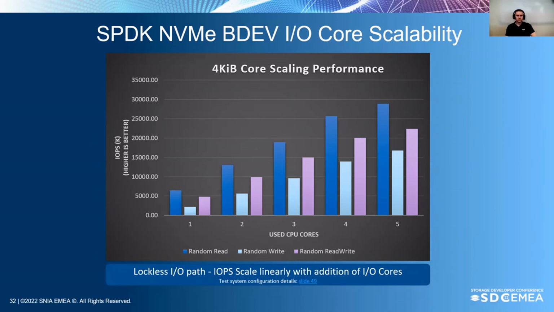We can also observe linear scaling for random write and random read-write workloads, not reaching as high IOPS as random read because of the SSD's hardware specification.